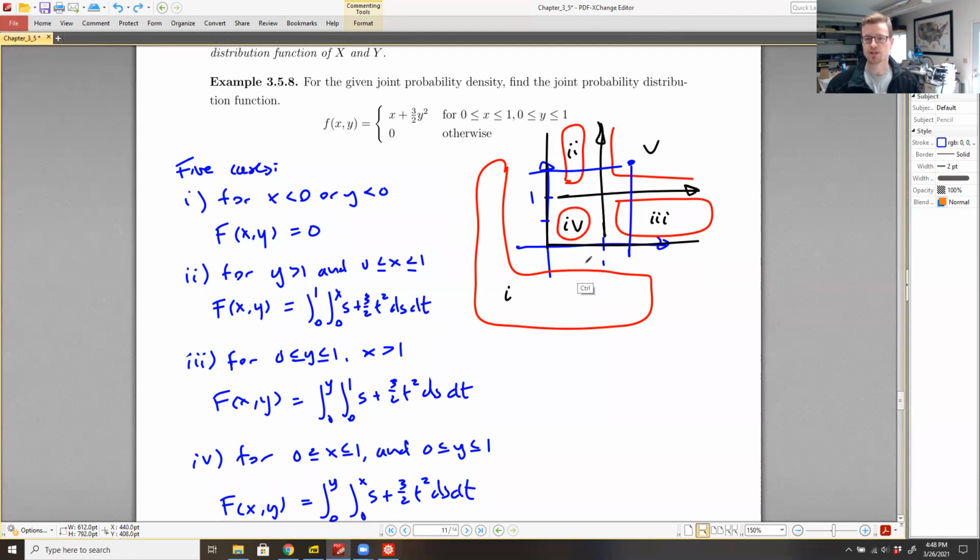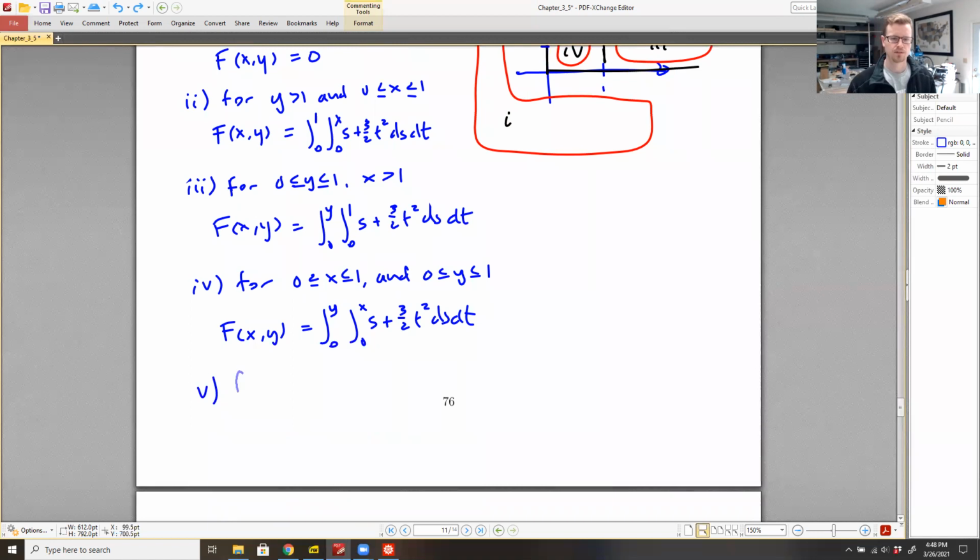So we know that that area should be exactly 1. So for x greater than 1 and y greater than 1, we have that the cumulative joint probability distribution function is equal to 1. So these are the different cases.